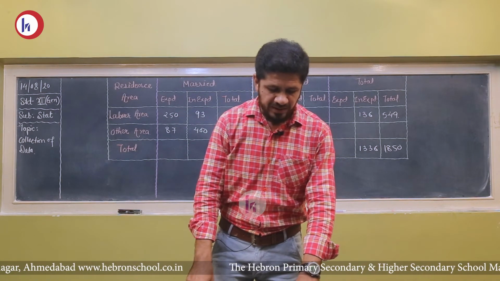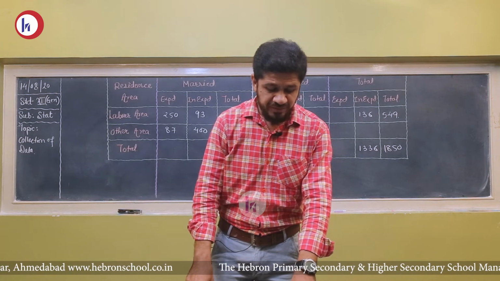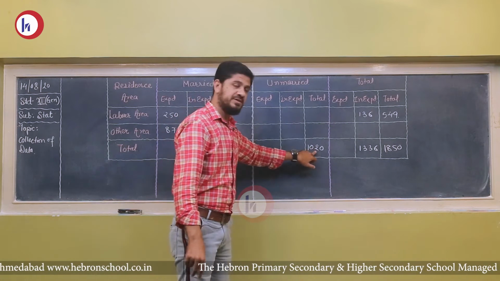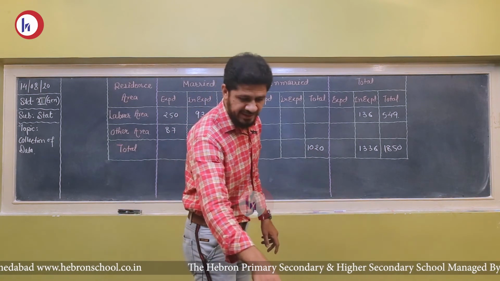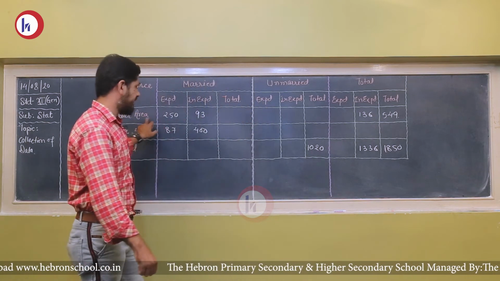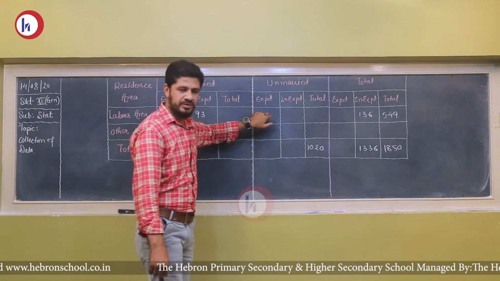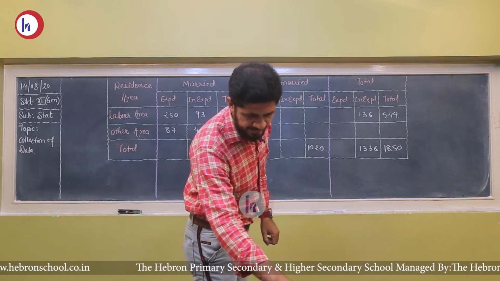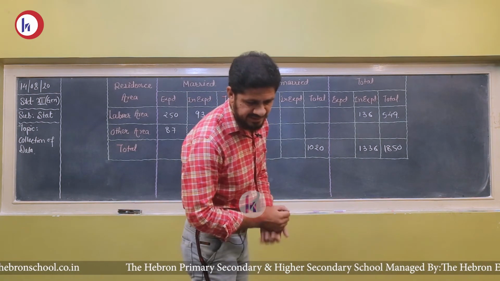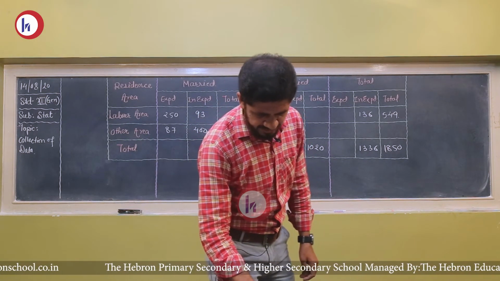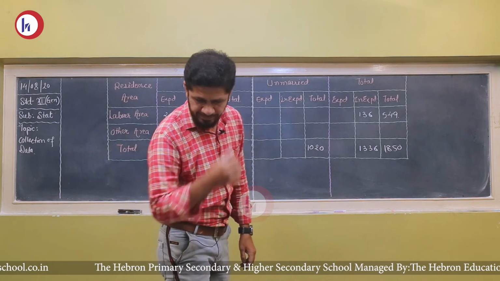Among the unmarried, the number of experienced women from labor area, so they are talking about this block, are 163 and 14 respectively, from labor area and from other area.